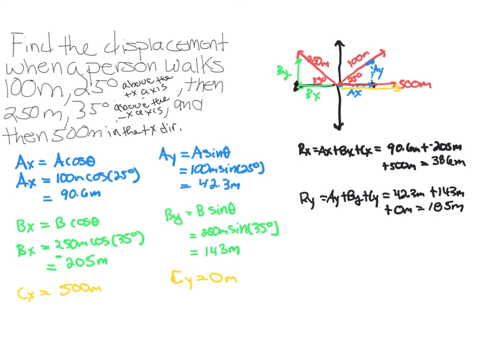Now I'm going to draw a new little diagram here. All right, so I always start with my x. So Rx is to the right since it's positive. And since Ry is positive, we're going to draw it up. That means we're looking at this angle here. All right, so to find the magnitude, we're going to use the Pythagorean theorem.